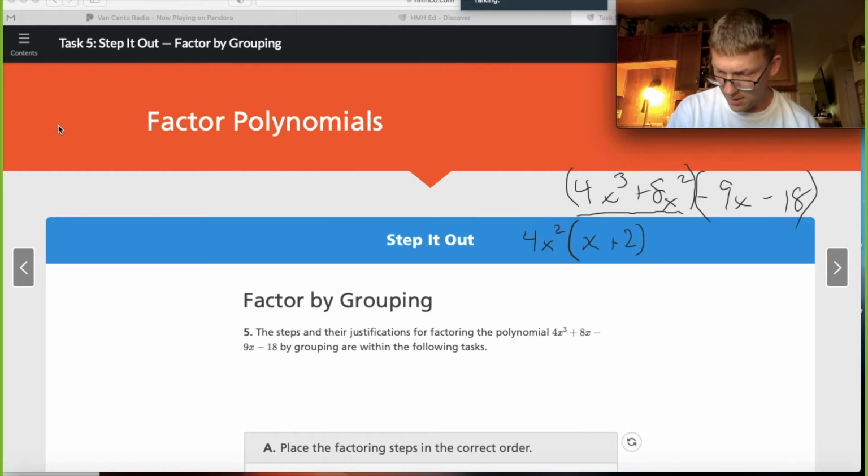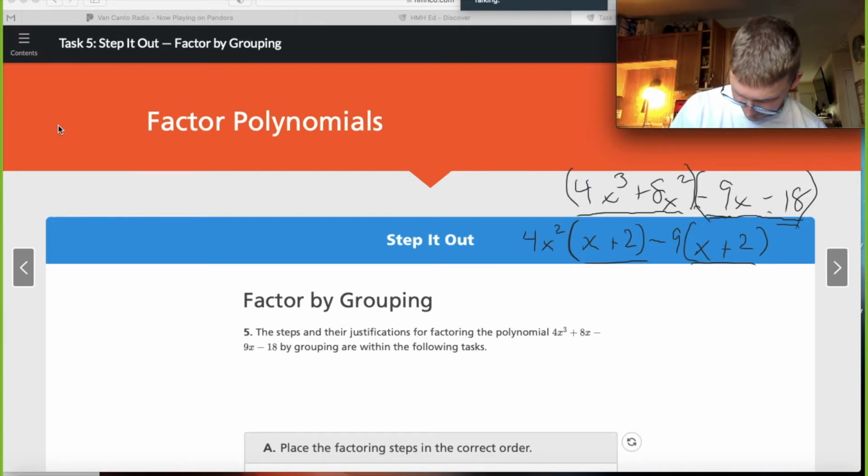Over here, I'm willing to bet that we're going to have to take out a negative sign, because this x plus 2 is a positive x plus 2. These are both negative, so that's why I'm thinking we're taking a negative sign out. And they both have a 9 in common, so we're going to take that 9 out, and then we will have x plus 2. So here we go, we've got x plus 2, x plus 2. So the distributive property at work.